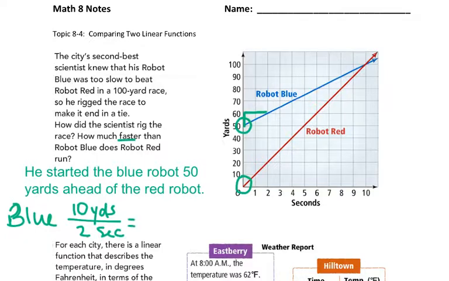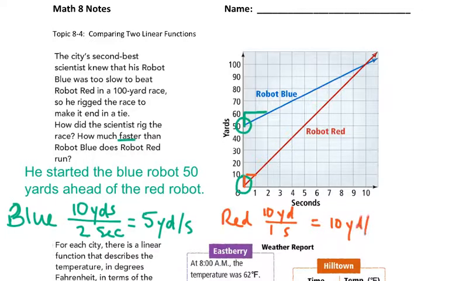So he travels 5 yards per second. If you take a look at the red one, it goes up 10 over 1. So the red robot is 10 yards every 1 second. So that's 10 yards per second.